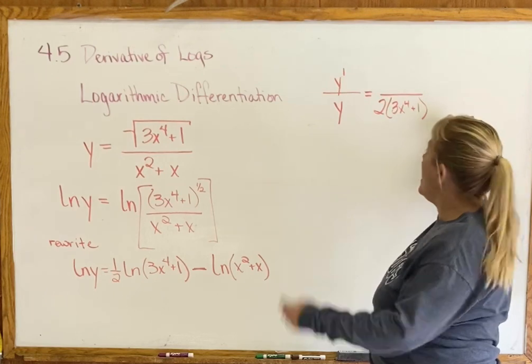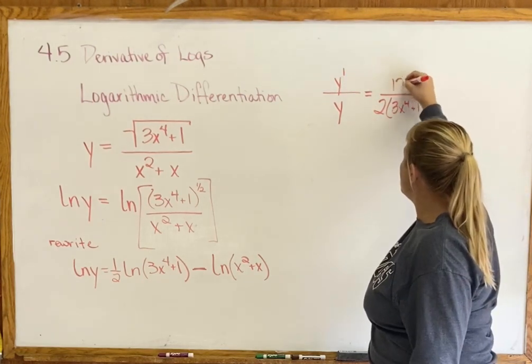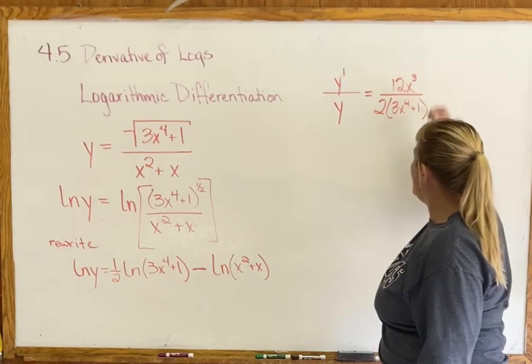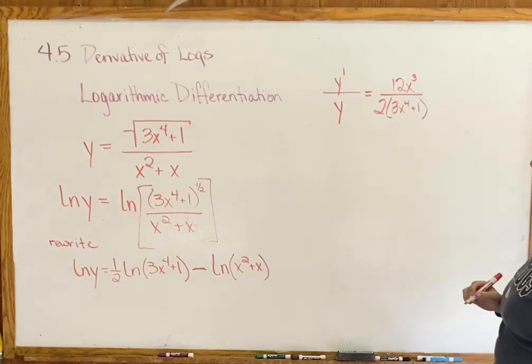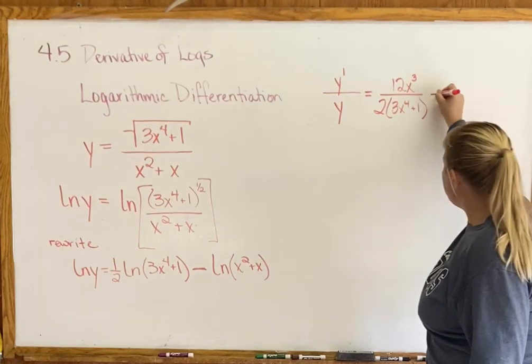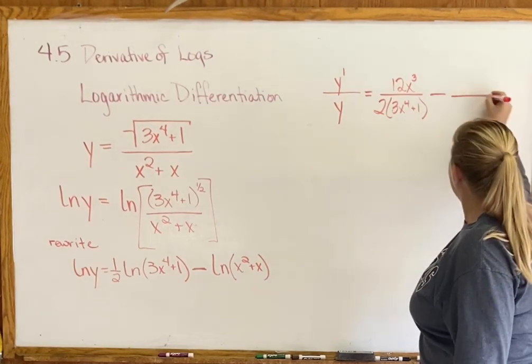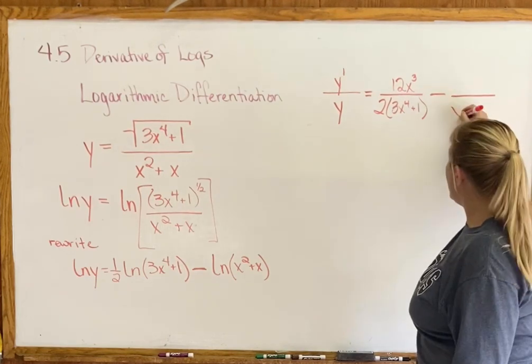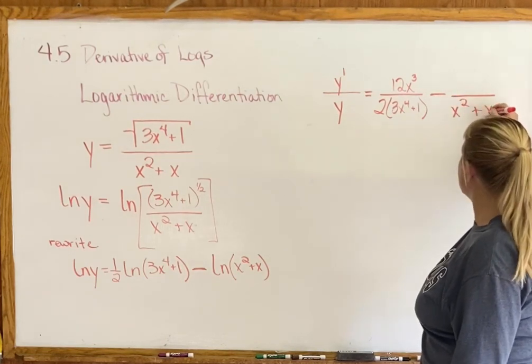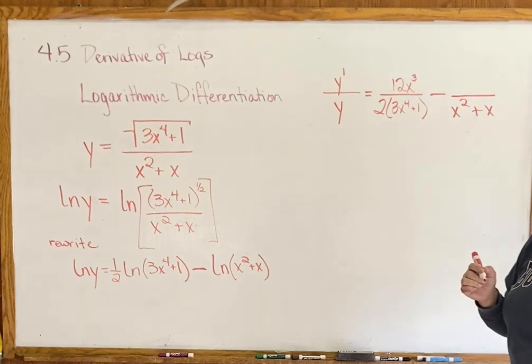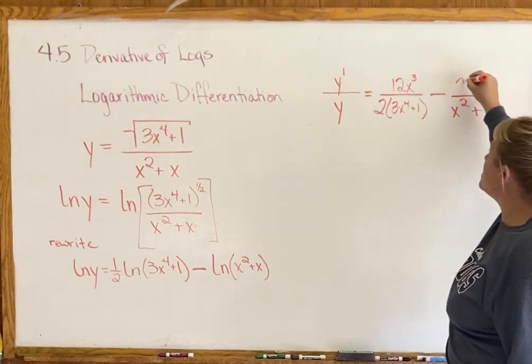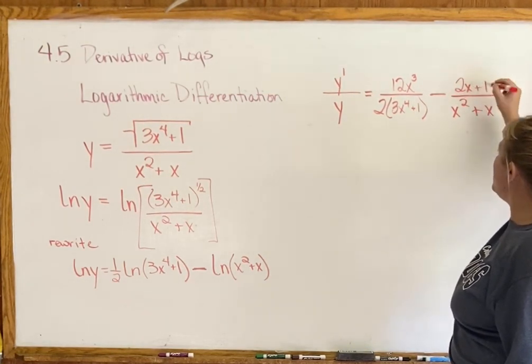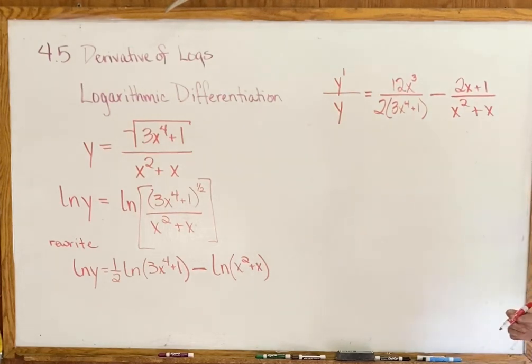Up top, we're going to put 12x cubed, that's the derivative. Then don't forget your minus. On the bottom of this one, we put x squared plus x, and on the top, the derivative is 2x plus 1. No quotient rule. Still have fractions, but no quotient rule.